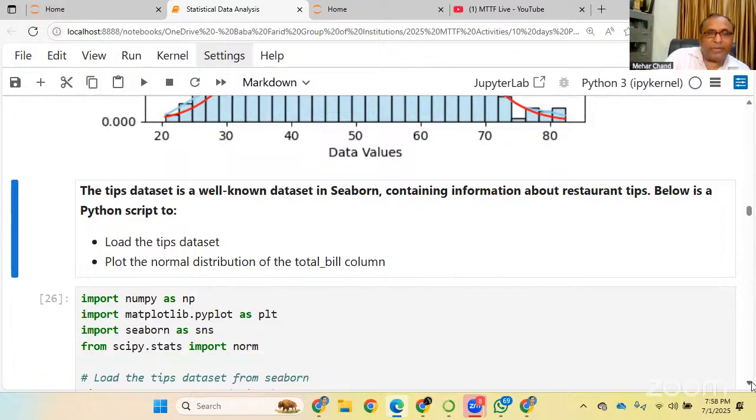Before discussing this part, if there is any question, you can unmute your mic. If there is any question, you can unmute your mic. I have to allow you.